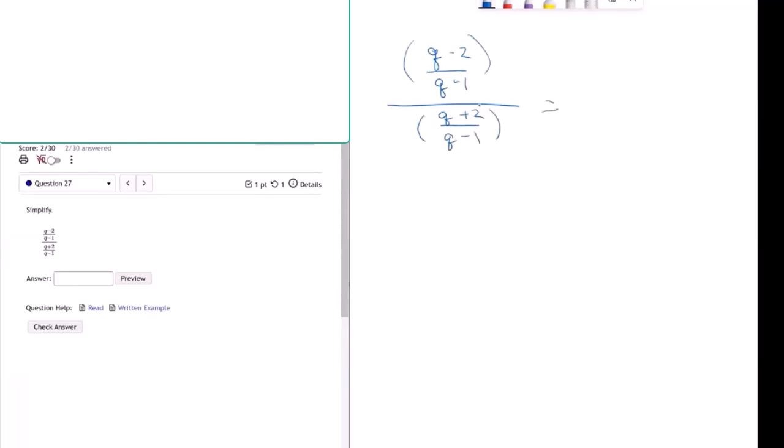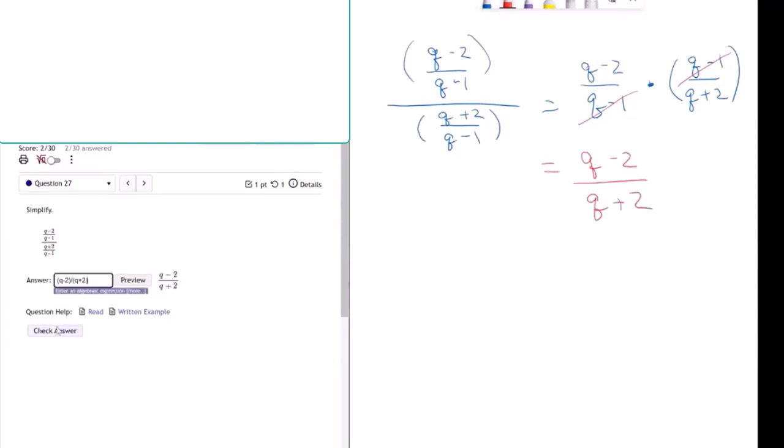I do my keep, change, flip. Now I can cancel this with this. And my final answer is going to be q minus 2 over q plus 2.